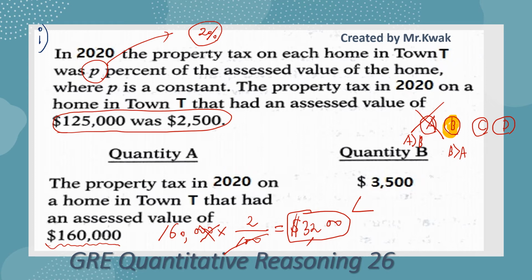C means A equals B. Is that correct? No. Just cross over. D means we cannot figure out the correct answer from the given factors. So D is also incorrect because we could figure out the correct answer and we can compare two quantities. So choice B is the correct answer, guys.